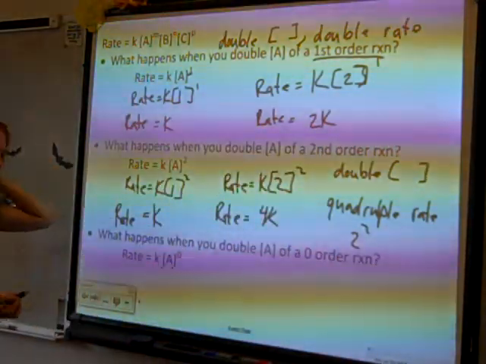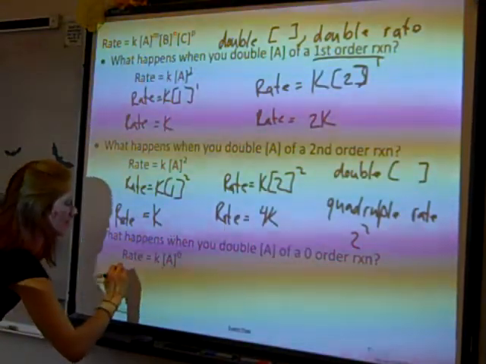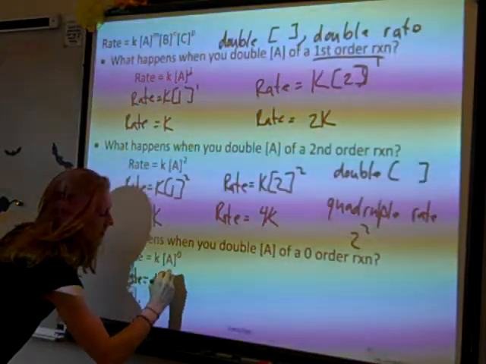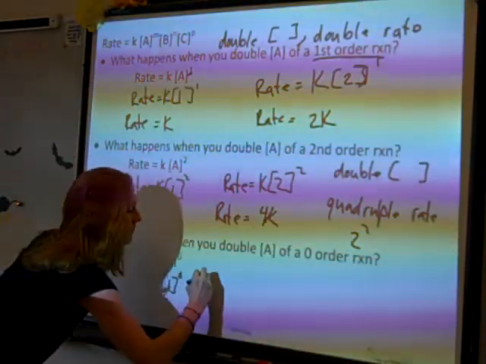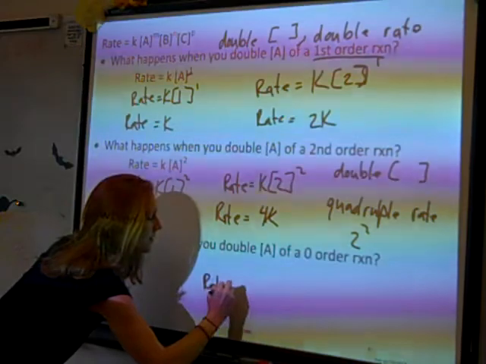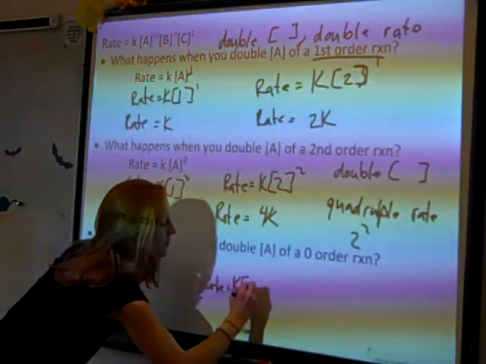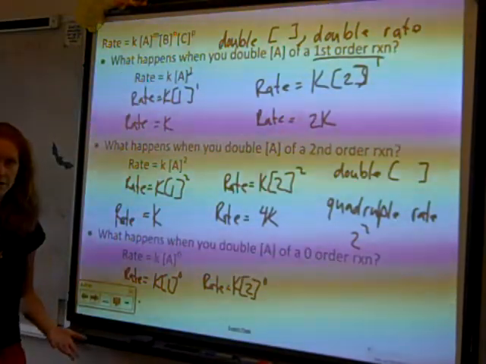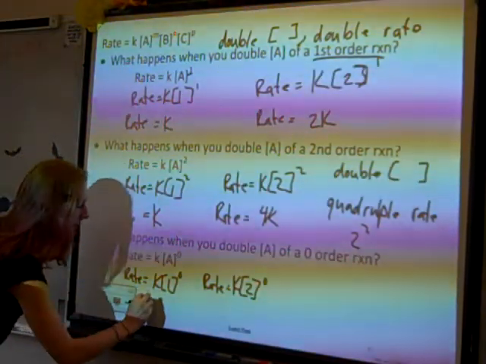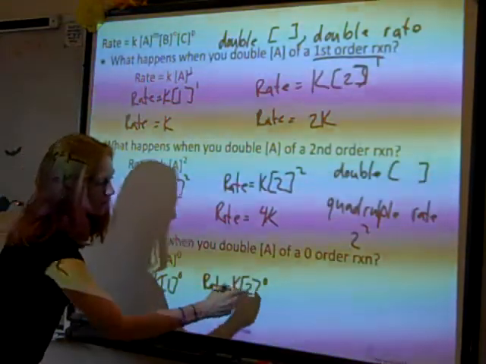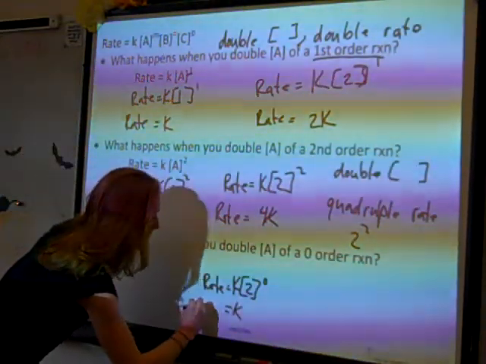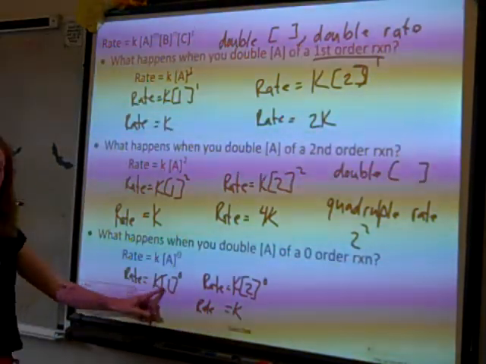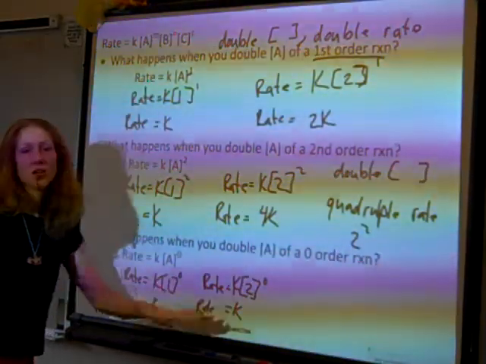If you have a zero order reaction, let's check the same thing. So we'll calculate the rate if you just have a concentration of 1 and it's zero order, and we'll calculate the rate when we double the concentration. So we'll double it to 2, still a zero order. Anything raised to the power of 0 is 1. So I've got 1 times K, and I've got 1 times K. So I can see here, I doubled the concentration, and I had no change in my rate.